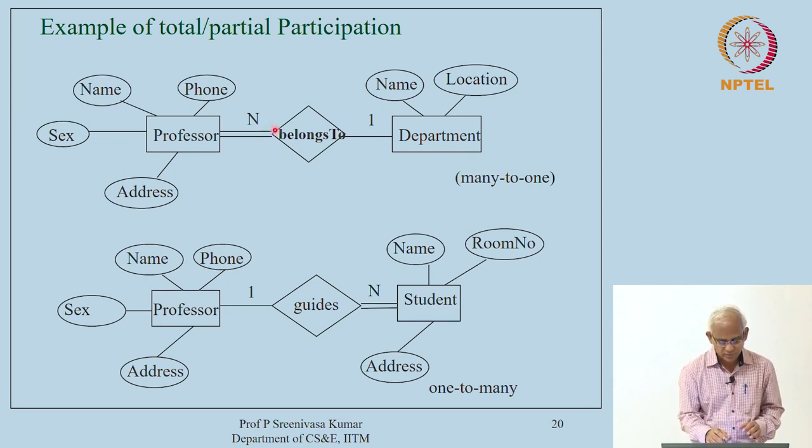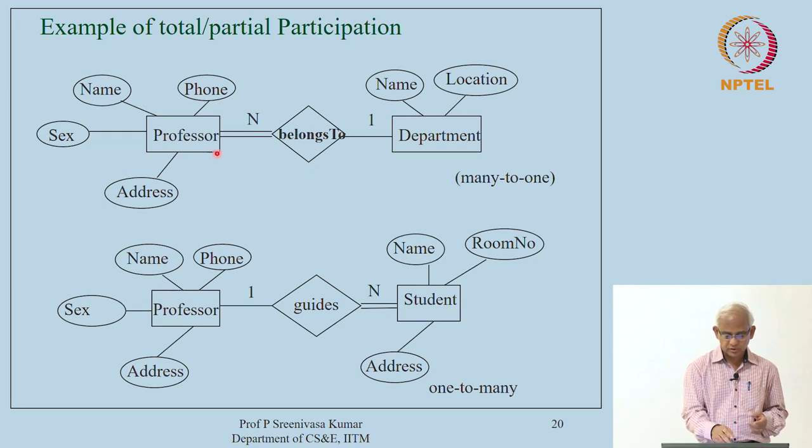A different institute might allow some academic to just be there in the institute without really belonging to a particular department. It is possible, right. But here we are talking about a situation where every professor must belong to one department. So, this is a total participation. The association between professor and belongs to relationship is total.